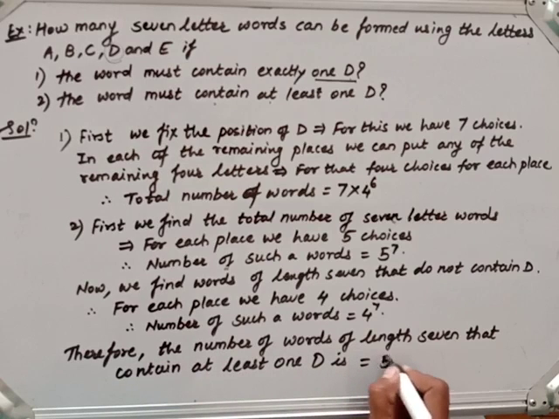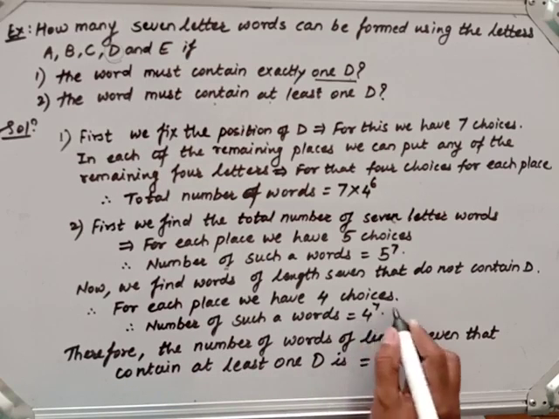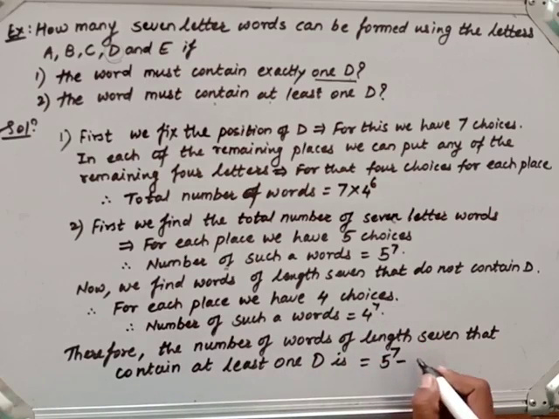Total numbers minus the unfavorable ones that do not contain D. So that is 4 raised to 7. This is our answer for this second part.